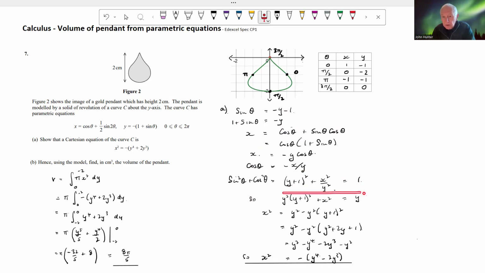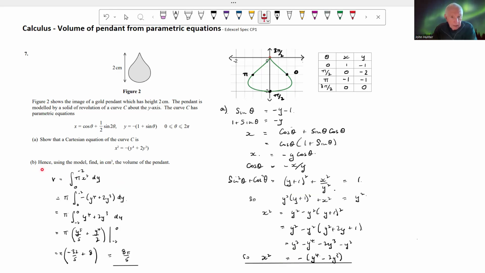And then we've got it. That's basically our Cartesian equation. Now we've got to do a little bit of manipulation on it, but that's just going to bring us down to that x squared. Now that is explicit in x squared, which very conveniently is exactly what we need.